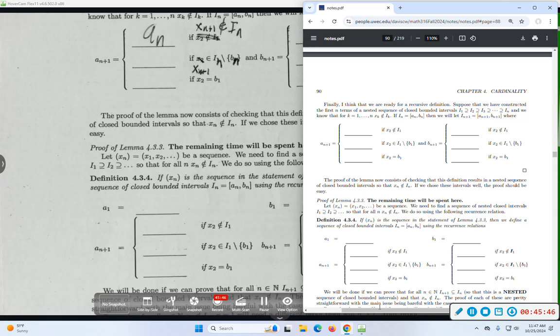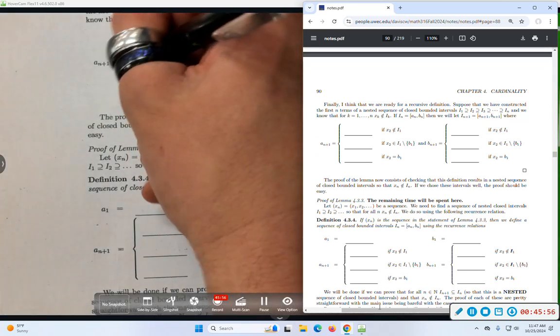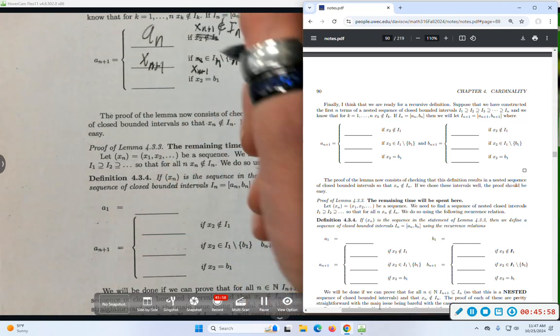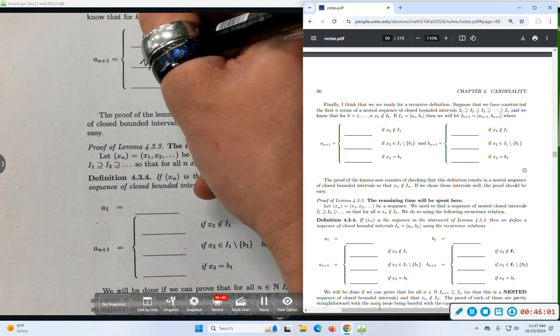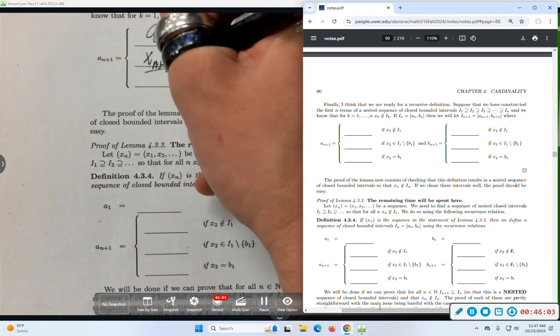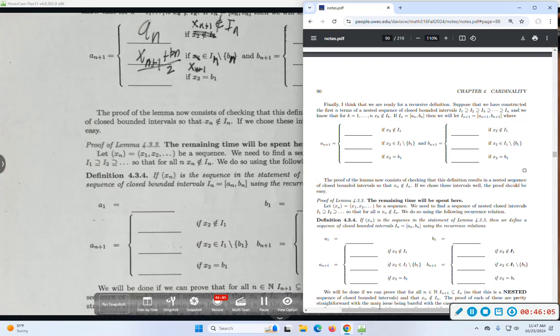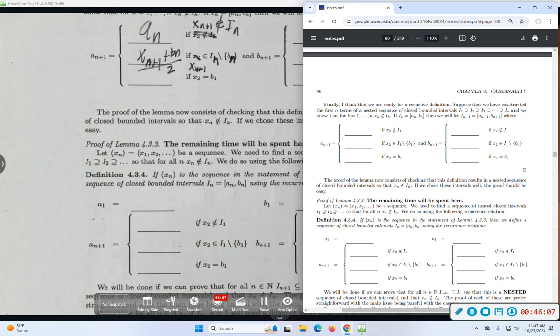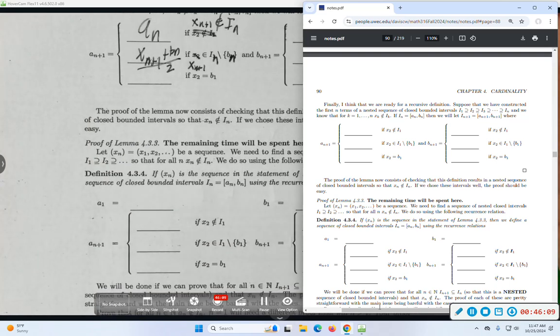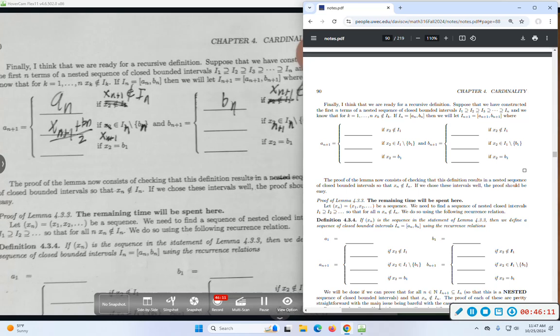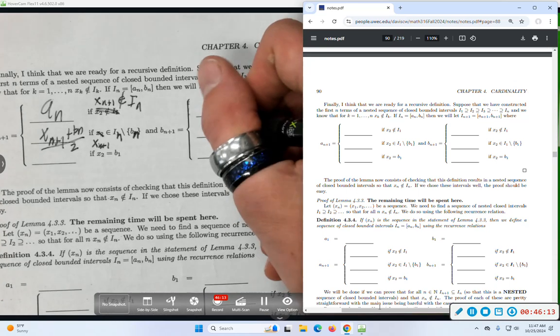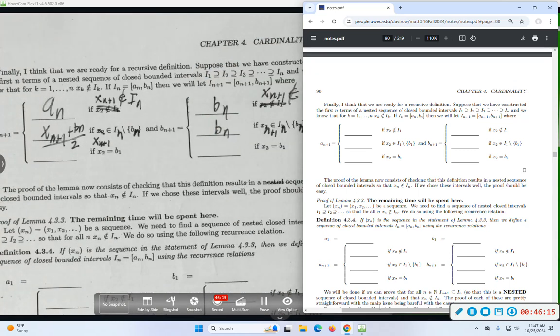Then what would you want An plus 1 and Bn plus 1 to be? An plus 1 being the average of xn plus 1 and Bn. Yeah. And Bn plus 1? Bn. That's certainly consistent with what's on the previous page.